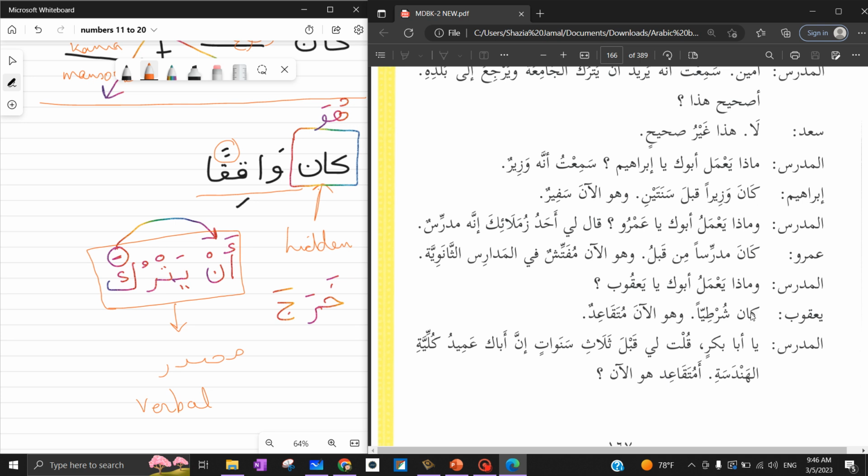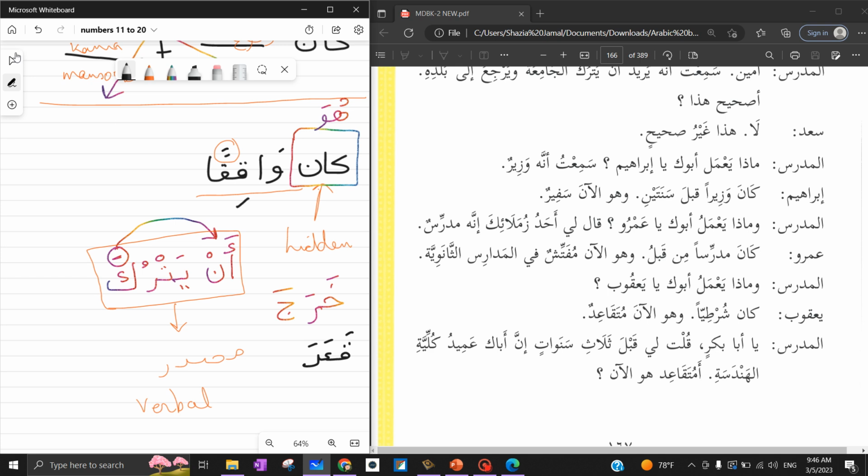Kana means they were. وهو الآن متقاعد. متقاعد comes from the word قاعد. قاعد means to sit, to be seated somewhere. متقاعد means that he is now retired. He is not doing anything. He is just retired.